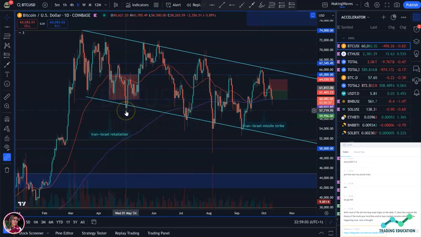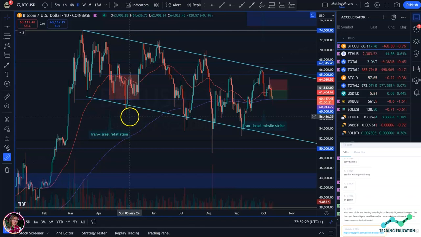From this low, May 1st, May 2nd, the next time we went that low was 2 months later on July 5th. Now, most outflows happened on that day, but that day was actually the low in price. And after that low, the market rallied to 71K up here.